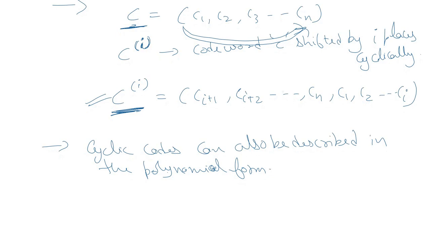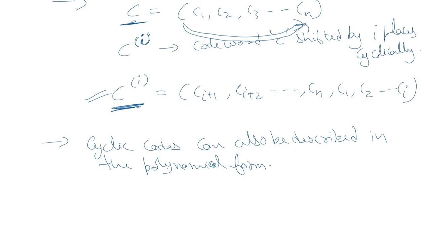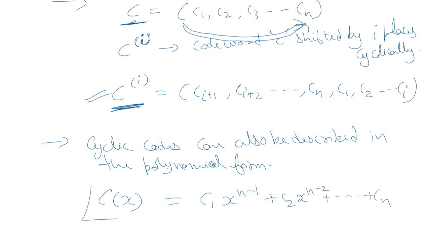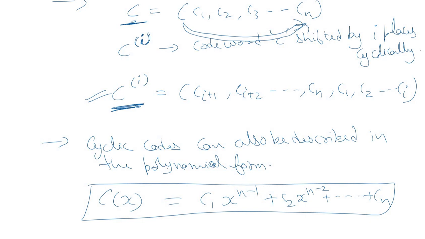So how do we represent it in the polynomial form? C(x) can be written as C1 x raised to power n minus 1 plus C2 x raised to power n minus 2 plus up to Cn. So this is how we can represent any given code word C as its corresponding polynomial C(x).